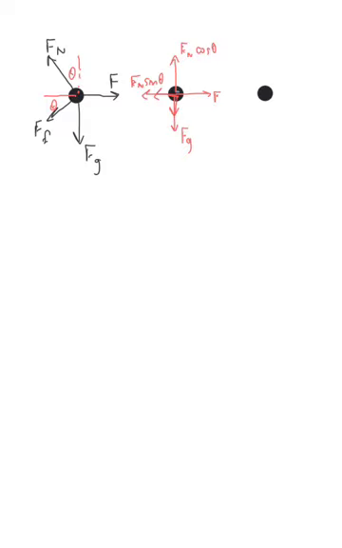So I can label this as Ff cosine of theta and label the downward arrow as Ff sine theta. So that's all the forces broken into components along the horizontal x and y axis.